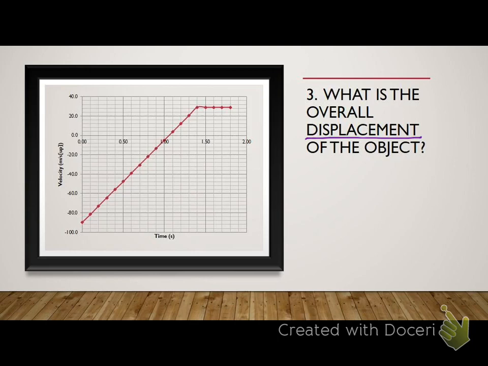Displacement is different, and so you have to think about, okay, what time have they moved up, what time have they moved down, and how far have they gone during those time periods. Now, in a question like this, you want to identify different components of the graph. So the first area is this one, and in that section we know that the object is moving up because that is the positive quadrant.